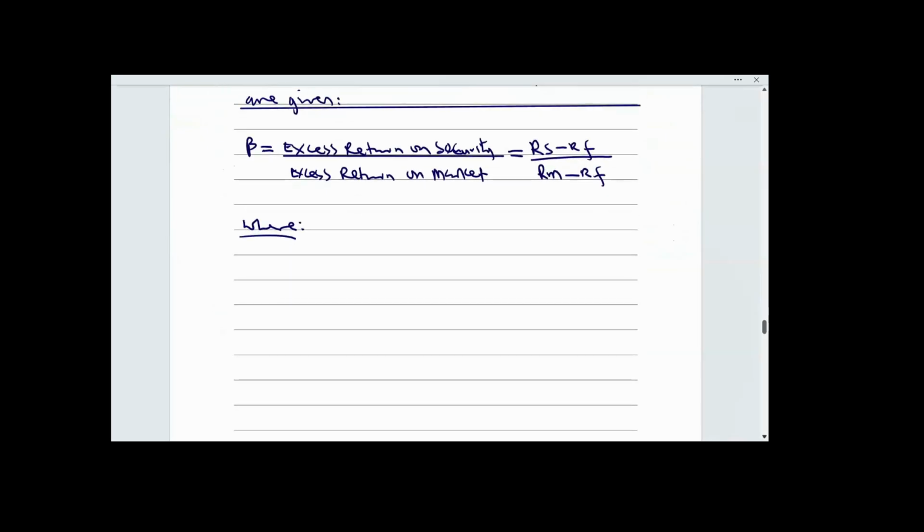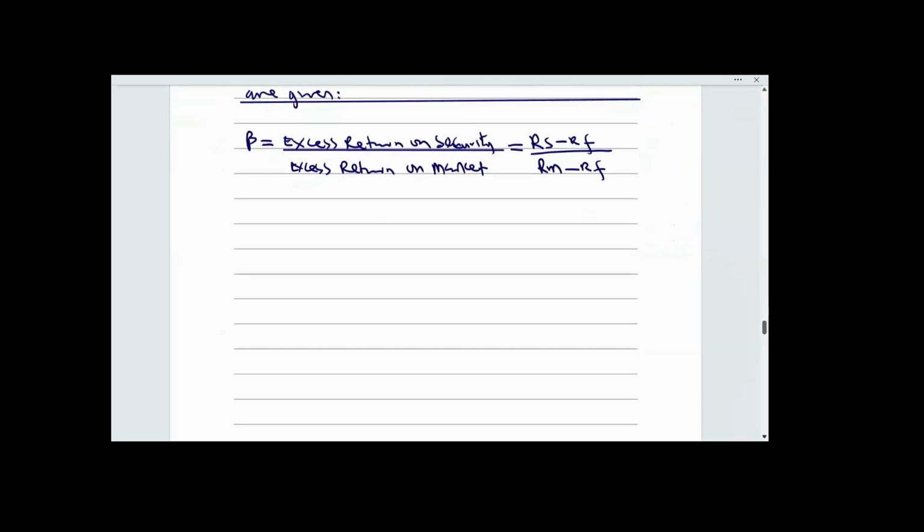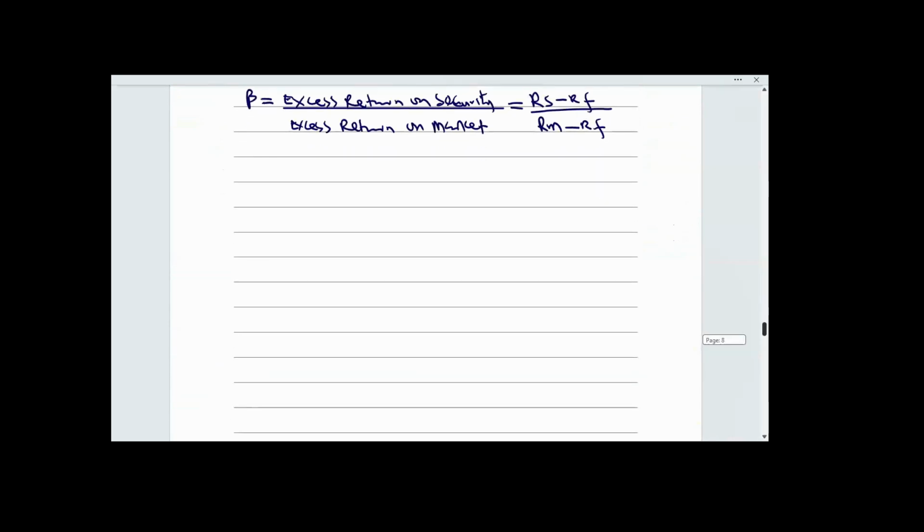Now, the last area we are going to touch under CAPM would be estimating alpha. This is, in fact, in recent times, one of the most tested areas of CAPM.